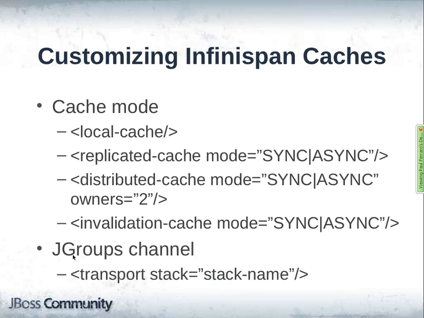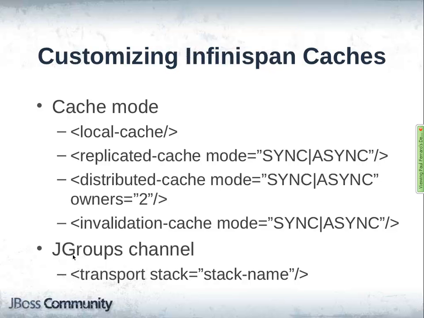So, customizing Infinispan caches, there are 4 cache modes that you can use: a local cache, replicated cache, which can be sync or async, distribution mode, and invalidation cache. For those that aren't familiar, distribution mode differs from replication mode in that cache entries are only replicated to a specific number of servers.